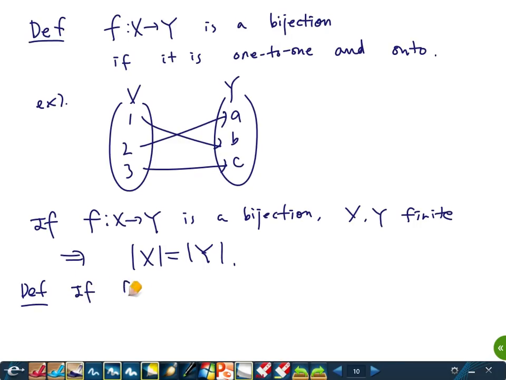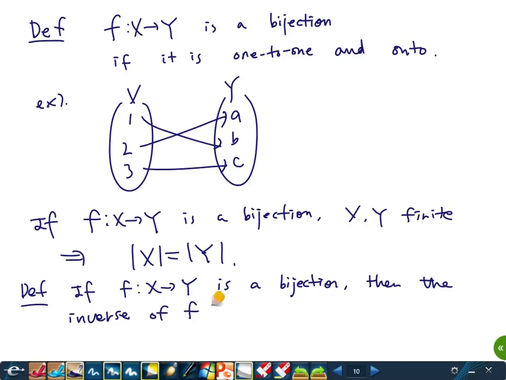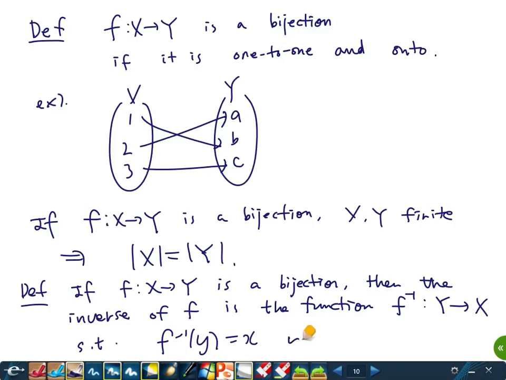If f from X to Y is a bijection, then the inverse of f is the function denoted f inverse, and it's from Y to X now, such that f inverse of y is defined to be x, where f of x equals y. We just reverse.